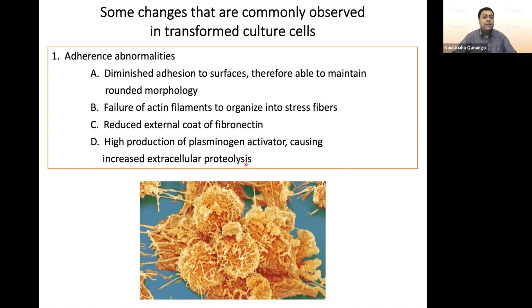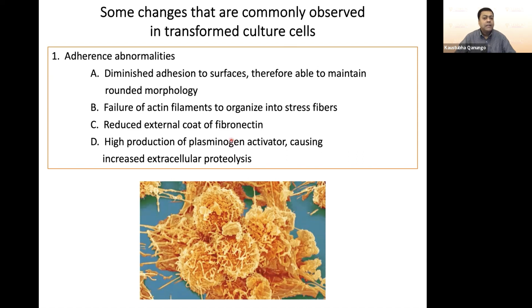It is related to blood clotting and other things, but here these cells produce these plasminogen activators. So outside these cells there will be a large amount of protease activity, which will digest the protein fibers in the extracellular matrix that are responsible for the attachment of these cells. This is a very important concept.